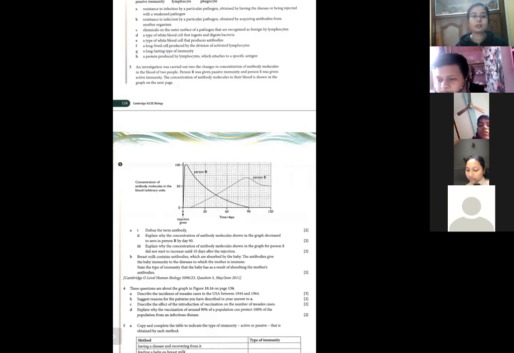Immunity. After that, passive immunity, which is not a long-term immunity.